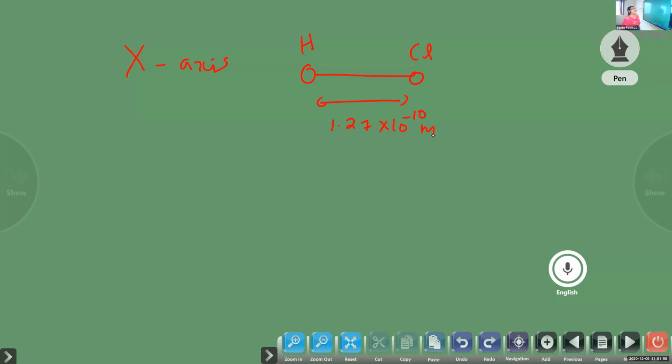Instead of angstrom, we can write it in terms of meter. Now this is on x-axis, so you don't have to consider y-axis, z-axis. So you can write the equation on x-axis. Therefore, center of mass on x-axis, we have m1 x1 plus m2 x2 divided by m1 plus m2. x1 is our hydrogen, and x2 is this one.